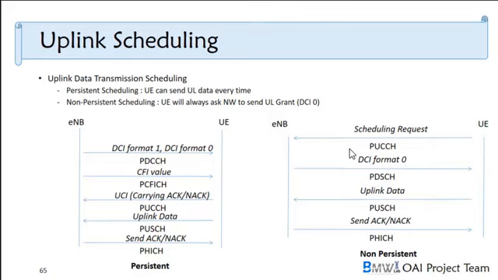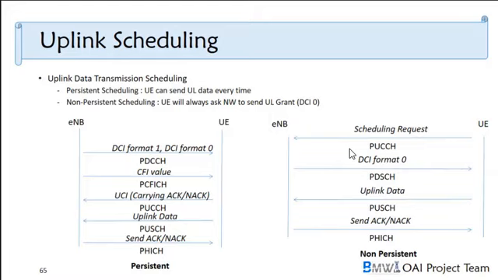So this is for the HARQ. Actually the concept is the same, and the difference between the persistent and non-persistent process is only in the first step. So the first step, like this one.